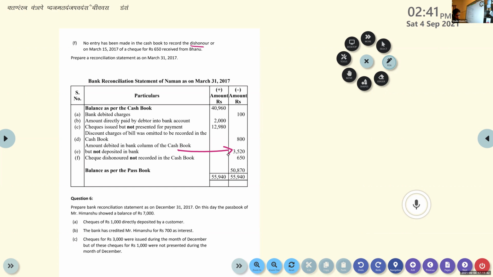Same as the account, you will balance this. Find the total of both.